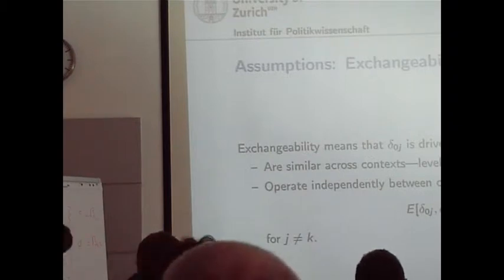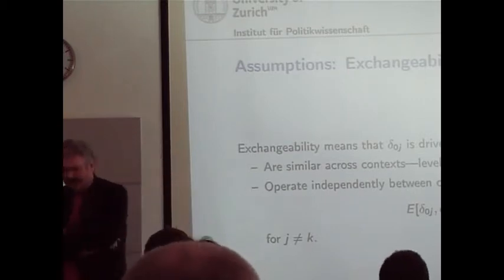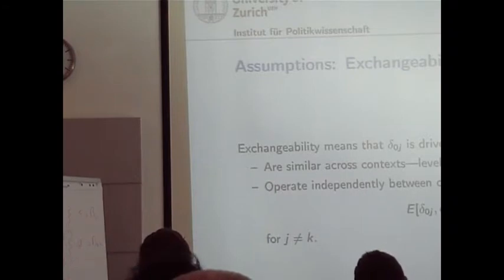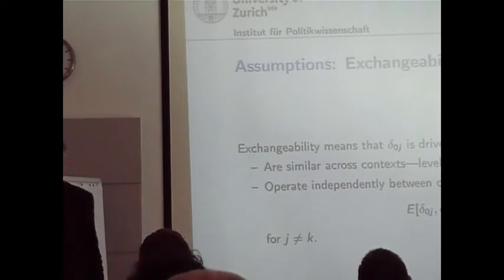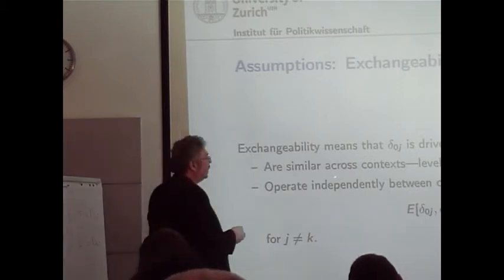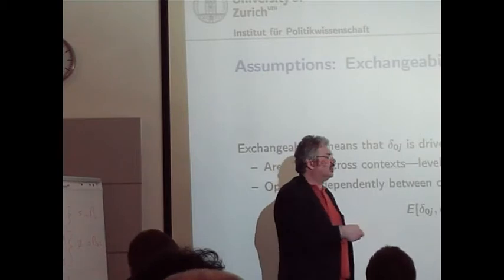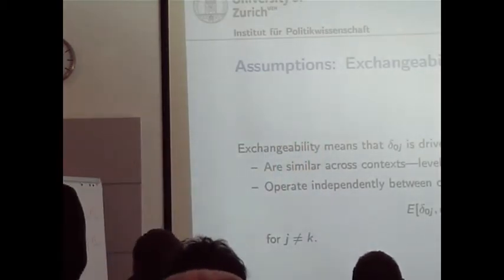Now, this model is not quite complete yet because we have to make some additional assumptions. And the most important one in some ways is the assumption of exchangeability. Exchangeability means that these delta zeros are driven by factors, things we don't observe, that are similar across contexts, which essentially means that we should have level 2 units that are comparable. We should not be comparing apples and oranges in a sense.